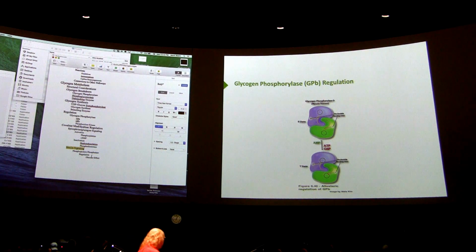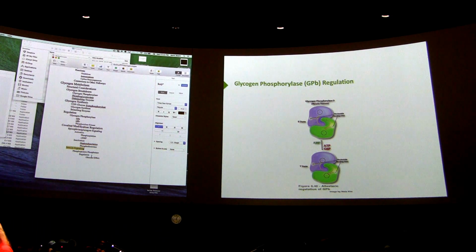What's going to happen to my AMP levels? Right? We're going to have AMP going high. The very first thing that's going to happen in those muscle cells is that GPB is going to convert to the R state. I'm not going to hardly have any GPA.